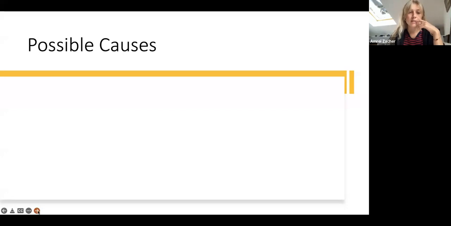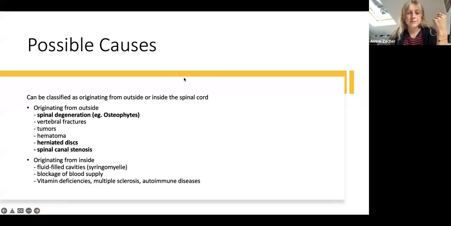So possible causes can be classified as originating from outside or inside the spinal cord. The causes originating from the outside of the spinal cord are much more common. And you can have things such as spinal degeneration, for example, osteophytes, which is very common in elderly patients.